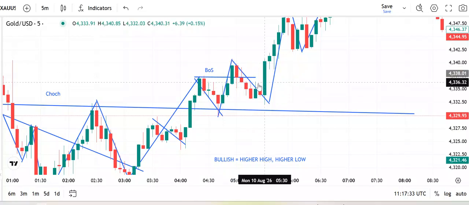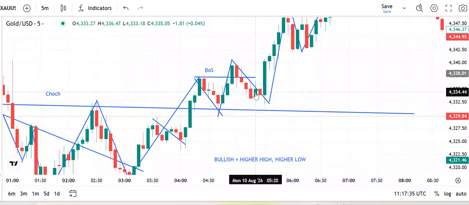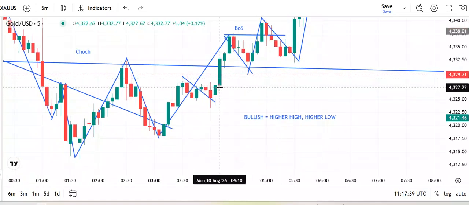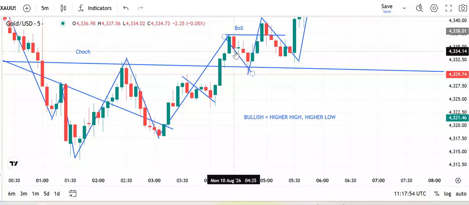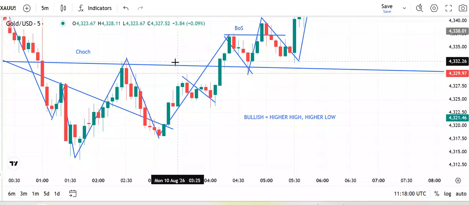So where is second candle formation? You have first bullish candle formation, second bullish candle. So this is your swing low. First bullish candle formation, second bullish, this is your swing low. First bearish candle formation, second bearish candle formation, this is your swing high. It does not really need to be consecutive, but in as much as the close of the second candle is lower than the close of the first candle, it forms your swing high.